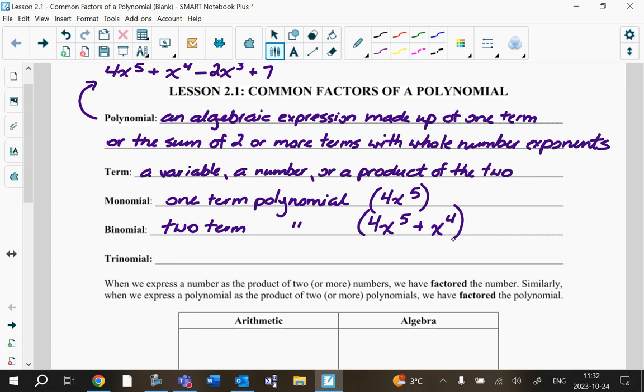And you can probably see the pattern that trinomial would be three-term polynomial. So it'd be like 4x to the 5th plus x to the 4th minus 2x to the 3rd would be an example. You especially want to know what I mean when I talk about binomials and trinomials, because we're going to be using those words a lot.